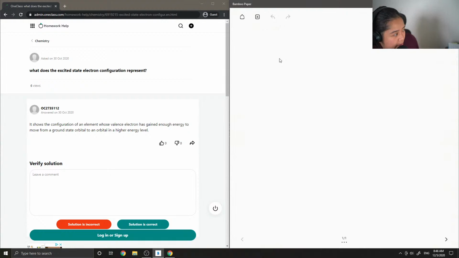Okay, so question 1 asks, what does the excited electron configuration represent?